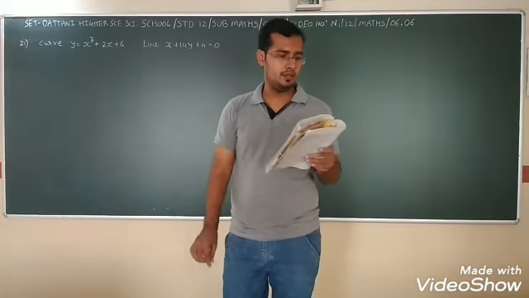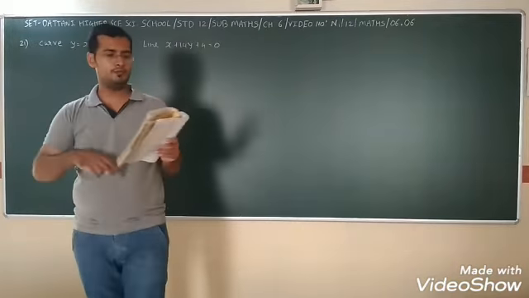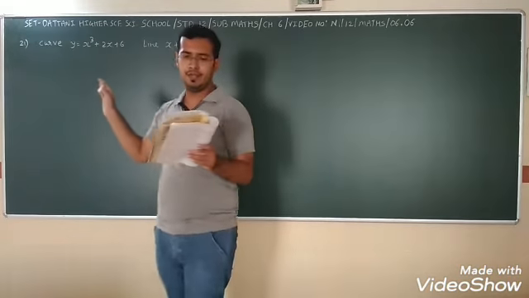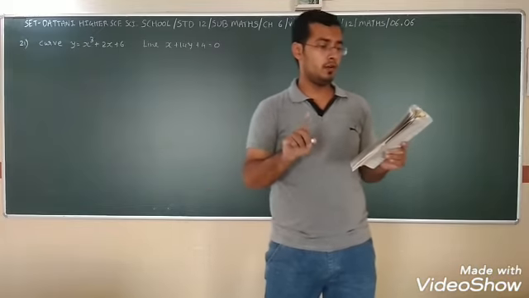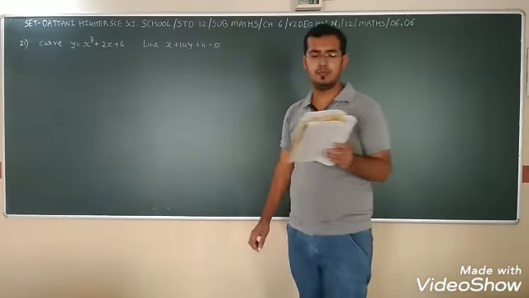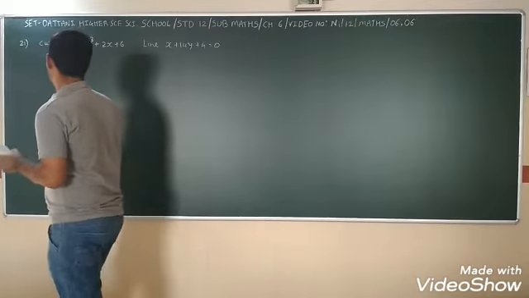Sum number 21. Students, we already performed this sum in previous sum number 14 and before that 9. Okay, so I just give a hint. In that sum, what you have to do: find the equation of the normals to the curve y is equal to x cube plus 2x plus 6, which is parallel to the line x plus 14y plus 4 is equal to 0.